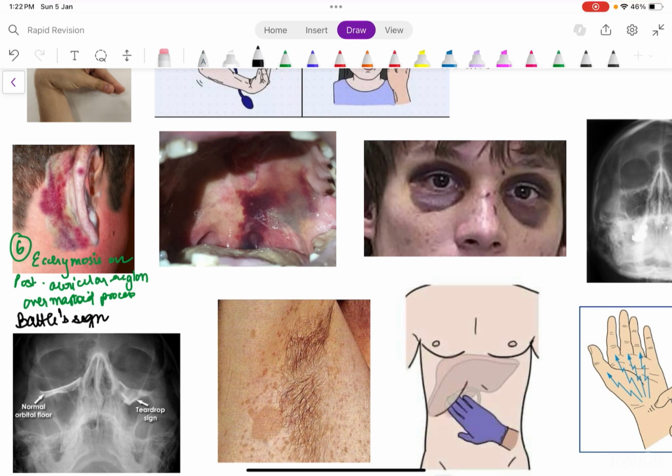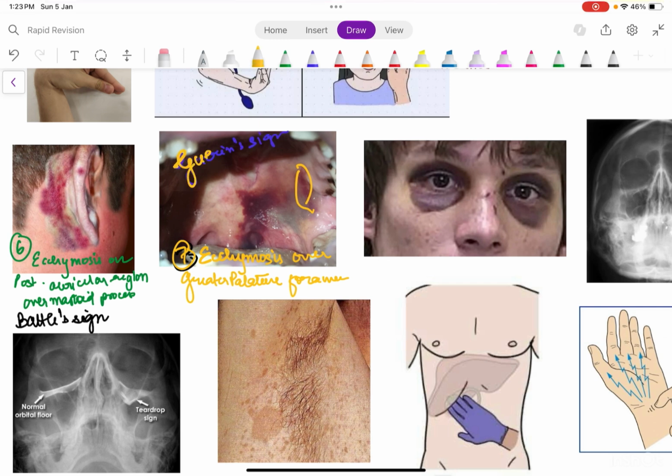Now look at the seventh photograph. You have ecchymosis over the greater palatine foramen. This is also asked. This is Guerin's sign.